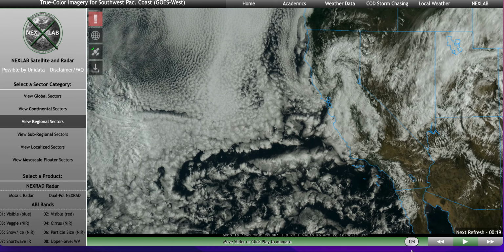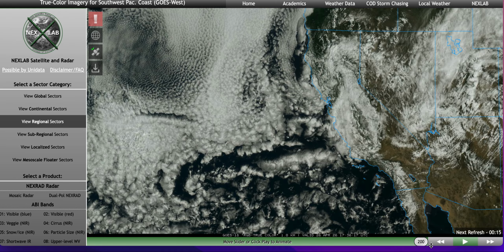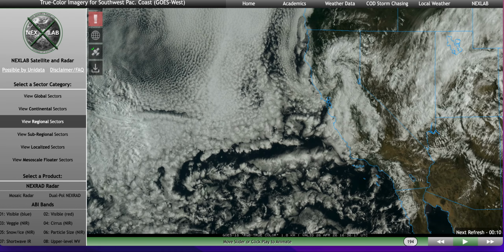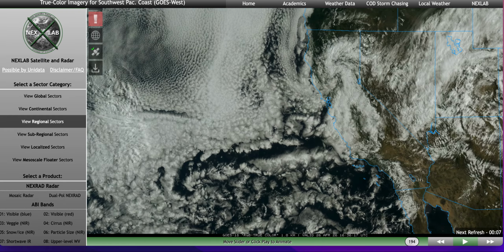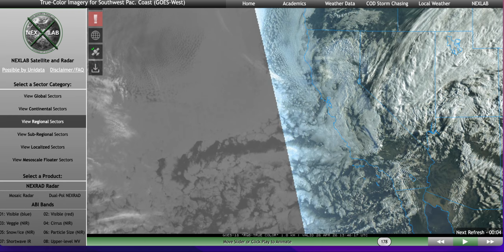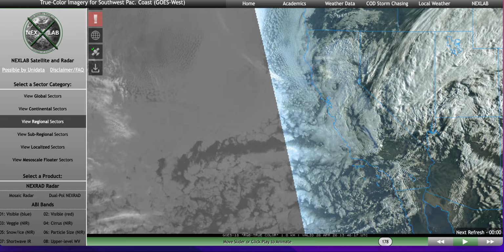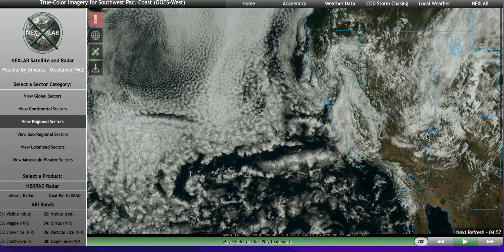This seems to be mostly stratocumulus. Looks like maybe sort of a marine layer developing, but I think there is still some high, perhaps altocumulus that's spinning around that upper low, those upper dynamics.